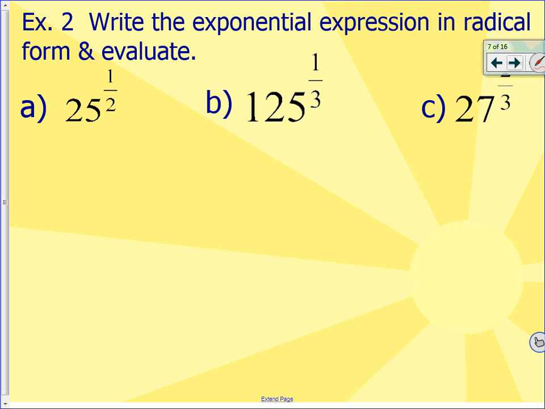And we can also switch from fractions as exponents to radicals. So how could I rewrite 25 to the 1/2 power? Ashley? Radical 25. And Ashley, can you go ahead and evaluate that for me?